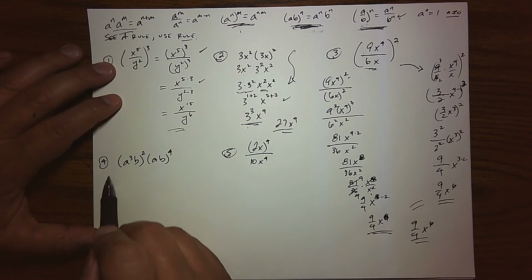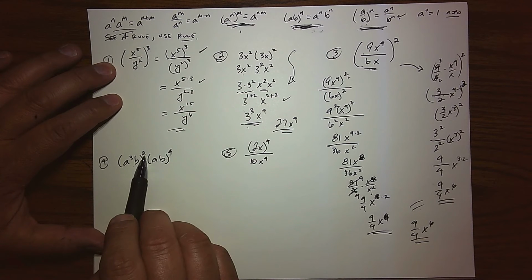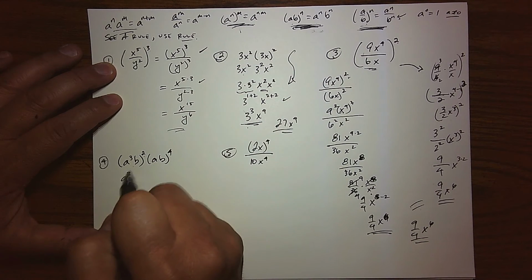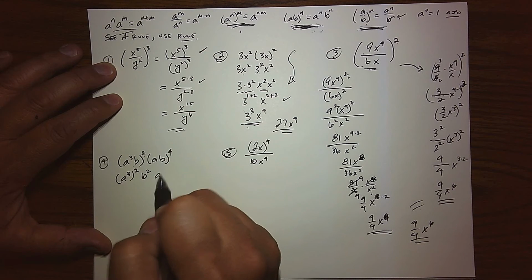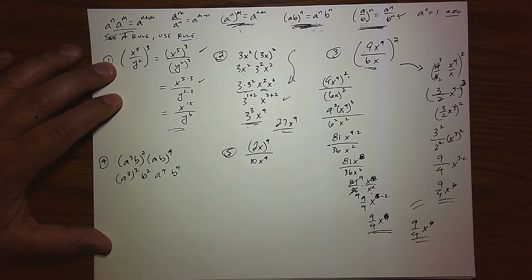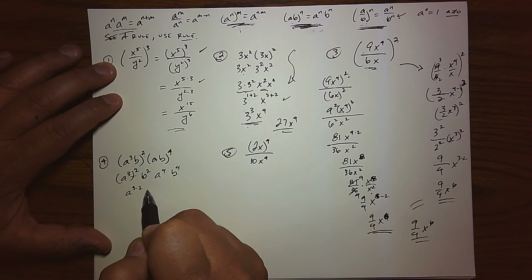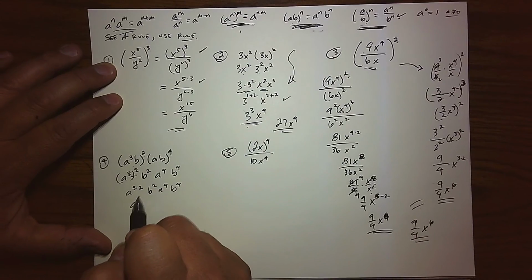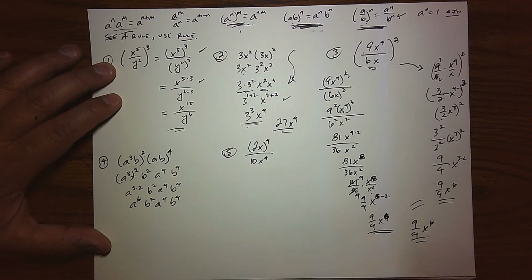Keeping in our line, number 4, we have a lot of parentheses. I have products being raised to powers, so I'm basically going to be using this twice. So I have a cubed to the 2nd power and b to the 2nd power. Here I have a to the 4th power and b to the 4th power. Here I have an opportunity to use my power of a power. And so we end up with a to the 6, b squared, a to the 4th, and b to the 4th.